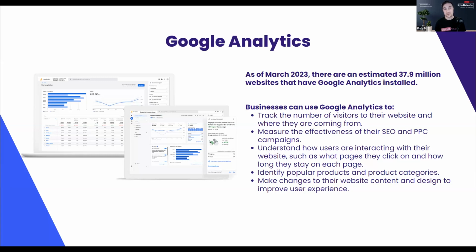You want to know which articles are working. And if you're doing paid ads or PPC campaigns, you want to know which ones are actually generating traffic. And it's not just traffic. You want to know, are they clicking on my contact form? Are they going through and clicking on my products? Are they buying things? You want to know everything that's going on your website.